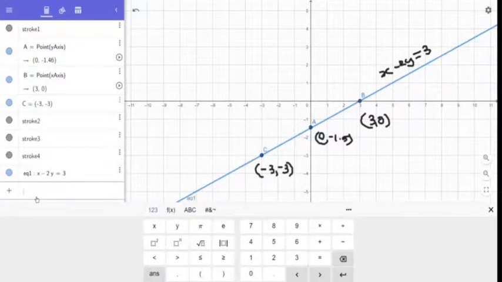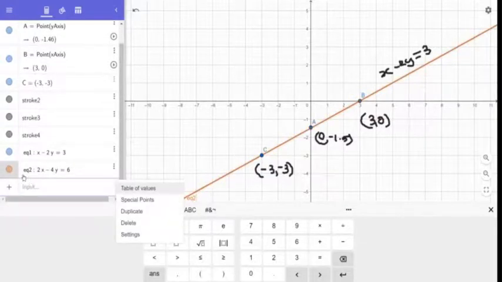Now let me take another equation. I'll take the equation as 2x minus 4y, you see the red line is coming. 2x minus 4y is equal to 6. Now if I give the color, I have given the red color, see.